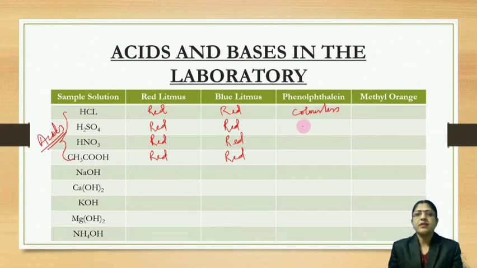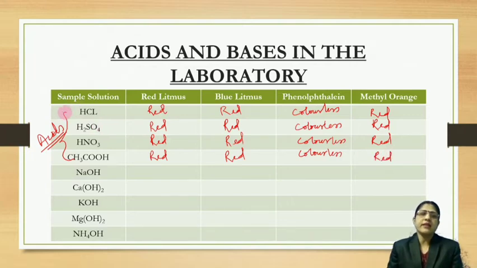All of these are acids, so all four are colorless. Then methyl orange is red in acid. Methyl orange as such is orange in color, and its color turns red in the presence of acid.